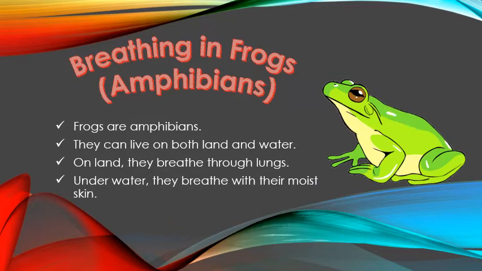But they are specialized to live in water as well. So whenever they are under the water, they breathe through their moist skin. As you can see in this picture, the frog has shiny skin. Why does the skin seem shiny? Because this is moist skin.